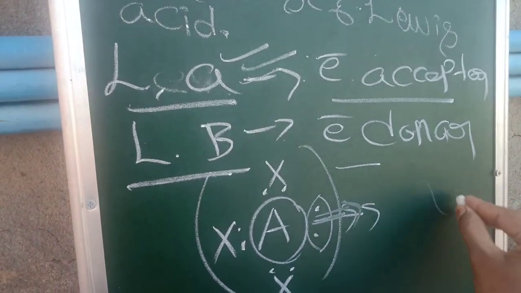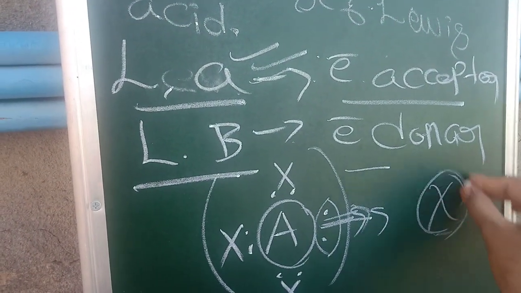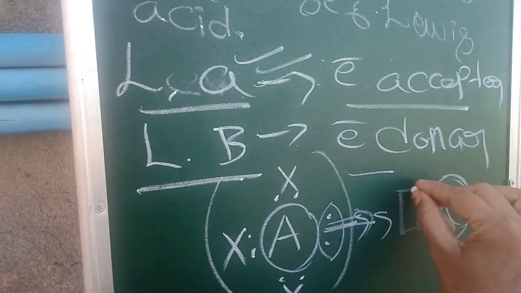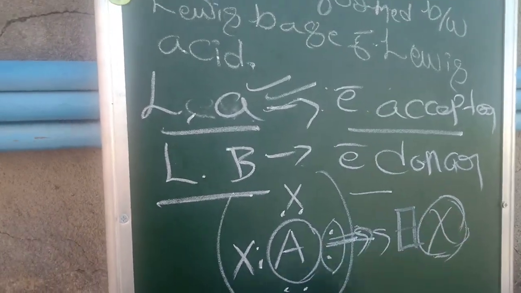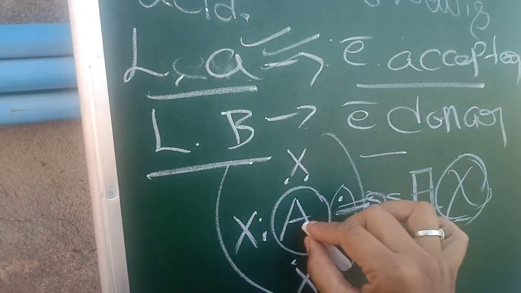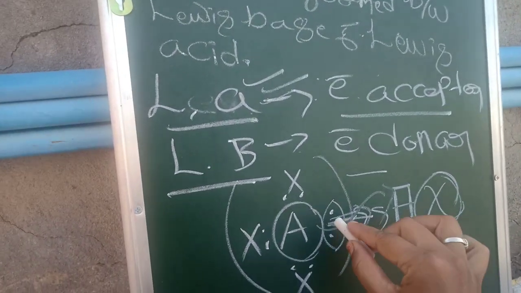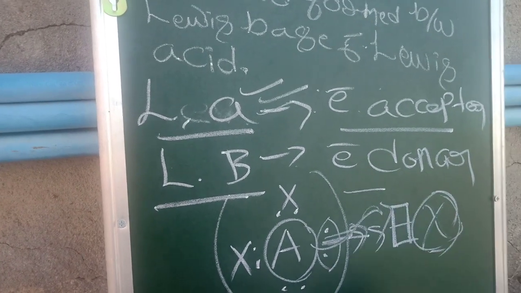Here I consider X as a central metal atom which has an empty orbital. So atom A donates its 2 electrons to atom X.